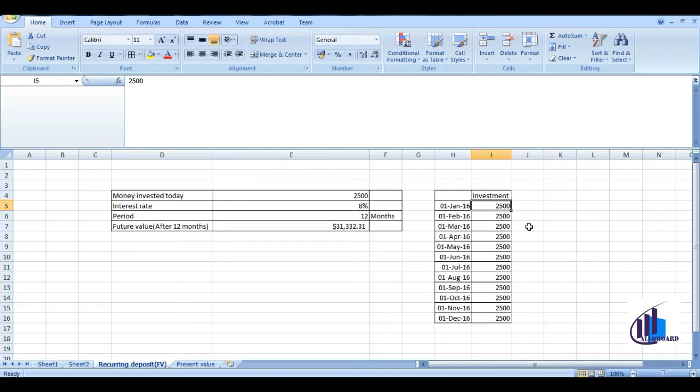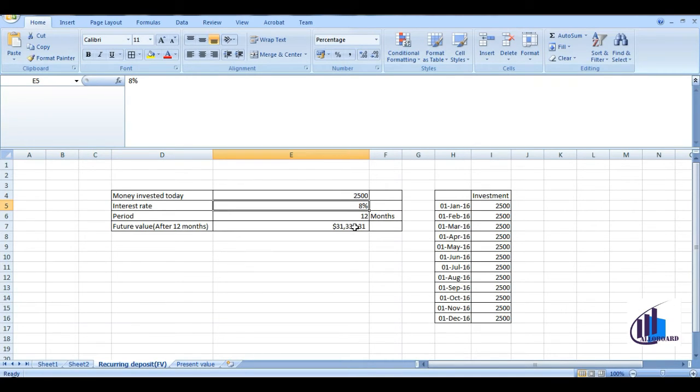So he invests $2,500 each month, and at the end of the year, you would be expected to get a certain amount based on the interest rate which the bank gives. As you can see from the example, the bank is giving an interest rate of 8%, and he'll be getting a certain sum of money after 12 months, because he is investing $2,500 each month.